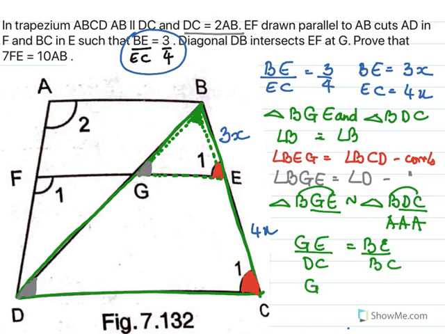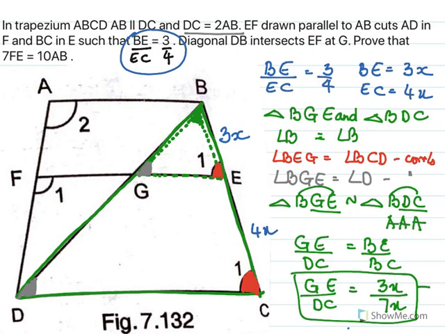Let's put the values. GE over DC, we know BE is 3x and BC is 3x plus 4x, and that is 7x. So this is 7x. This is important. This is equation 1.